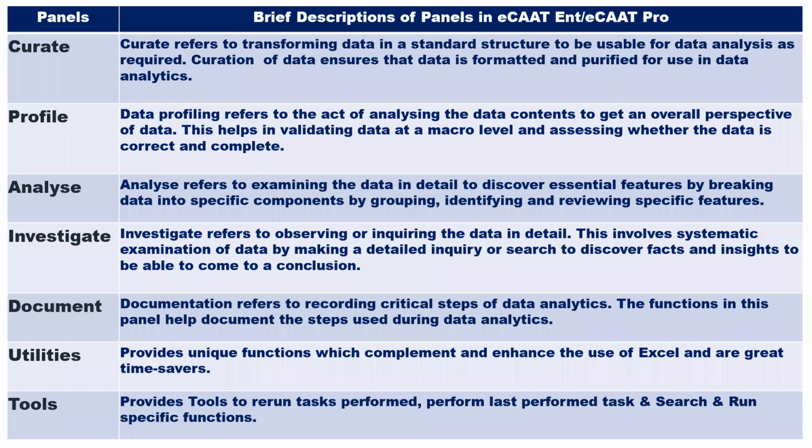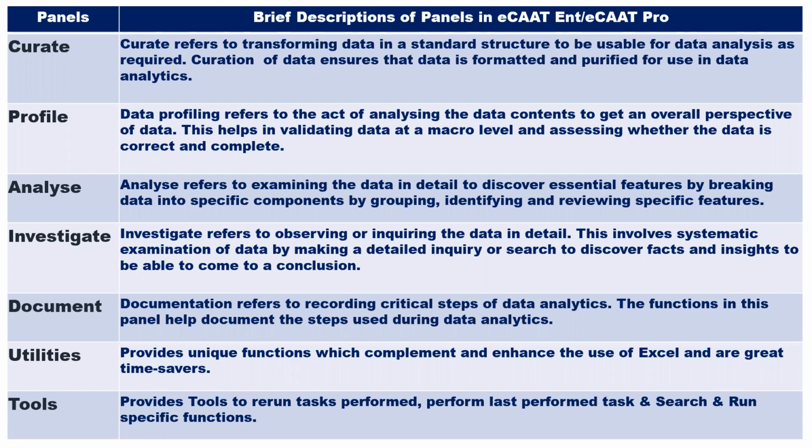This gives you a quick synopsis of the panels which are available in eCAAT. You have the Curate panel, Profile, Analyze, Investigate, Document, Utilities, and Tools. Each of the words is self-explanatory. Curate means you purify and transform the data so that it's readily usable for analysis.